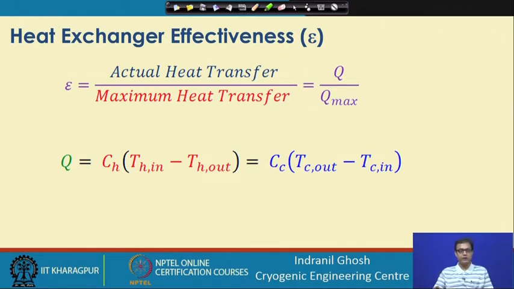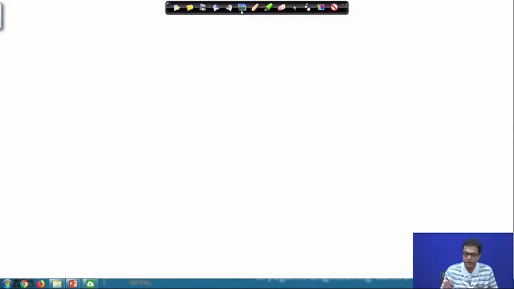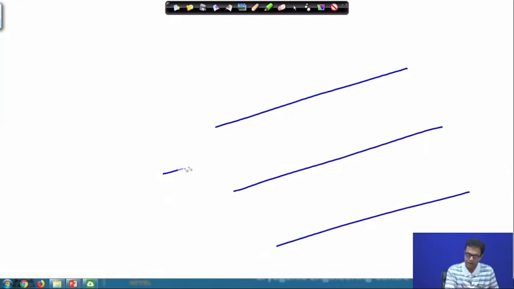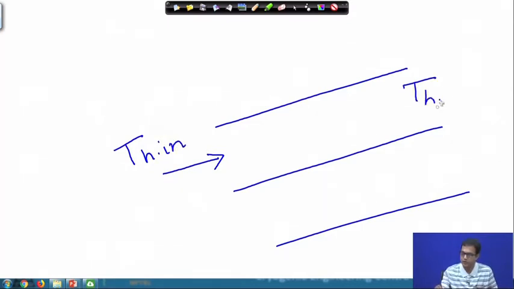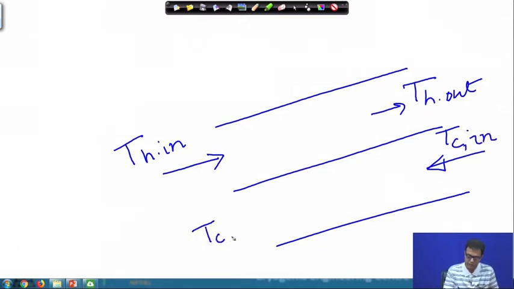Now, what is the actual heat that is getting transferred? If we look again into that heat exchanger configuration, we will find that the hot fluid is changing its temperature from T H in to T H out, whereas this is T C in, in the counter current configuration, and this is T C out.